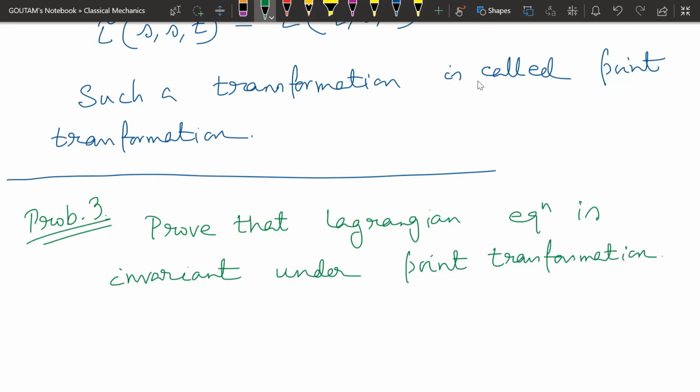So we need to prove that under this basis transformation, the Lagrange's equation will be invariant.